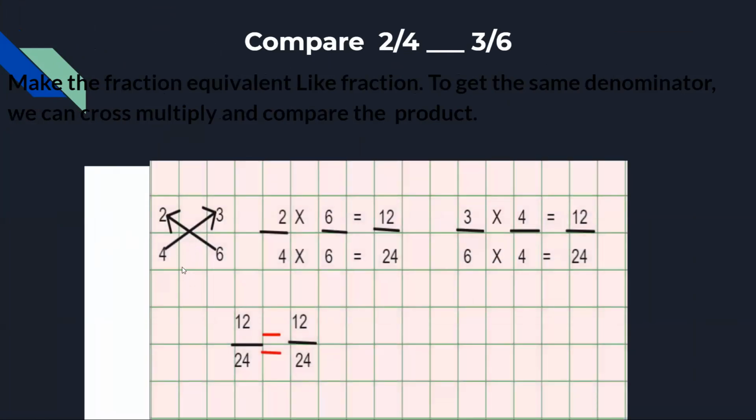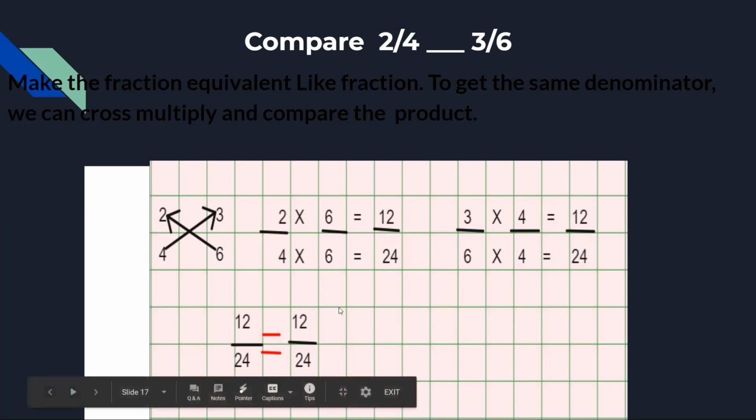The question is 2 upon 4 and the next side is 3 upon 6. So 2 into 6 upon 4 into 6 equals 12 upon 24. And the other fraction 3 into 4 upon 6 into 4 equals 12 upon 24.